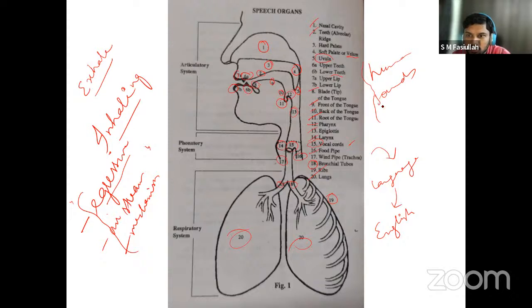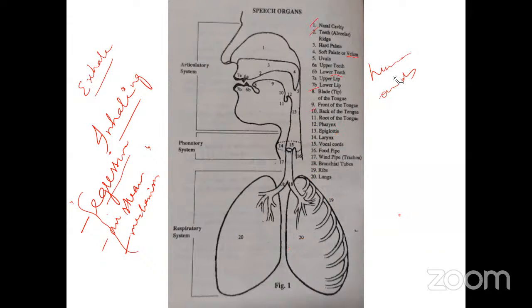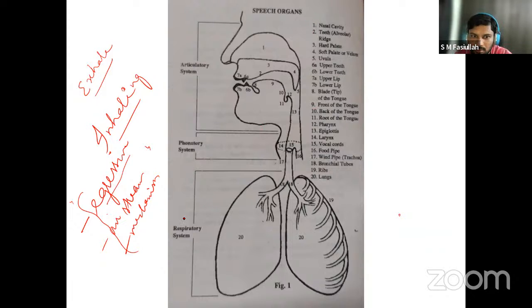So now could you please tell me where is the sound box in the figure? Fifteen, sir. Number 15. Vocal cords. Okay, vocal cords is the sound box, right? Very good. You are right.